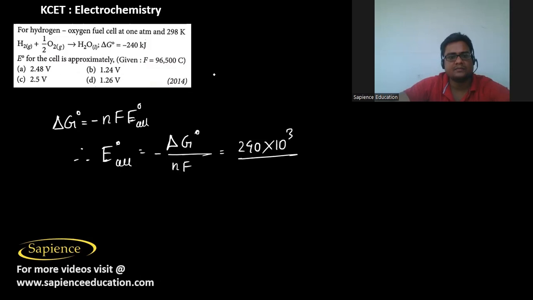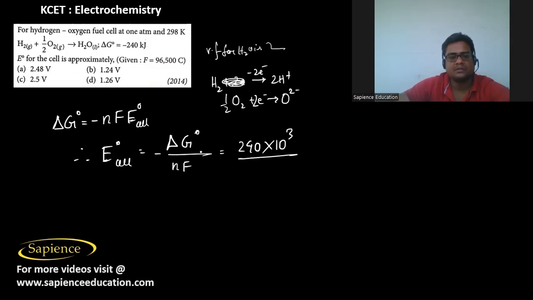So here H2 will lose two electrons to form two H plus ions, and one oxygen atom will gain two electrons to form O2 minus. So it means the valency factor for H2O is 2 here, and also the number of moles of electrons used here is 2.